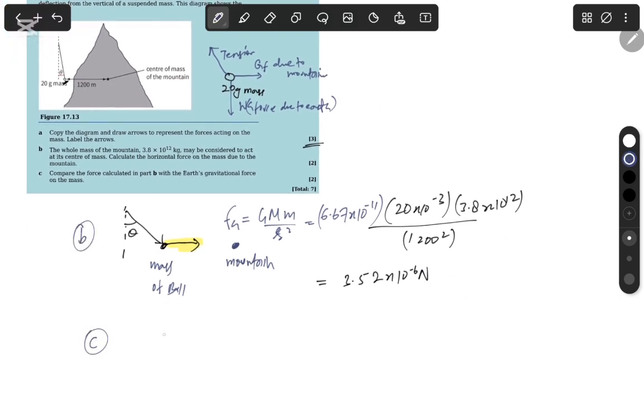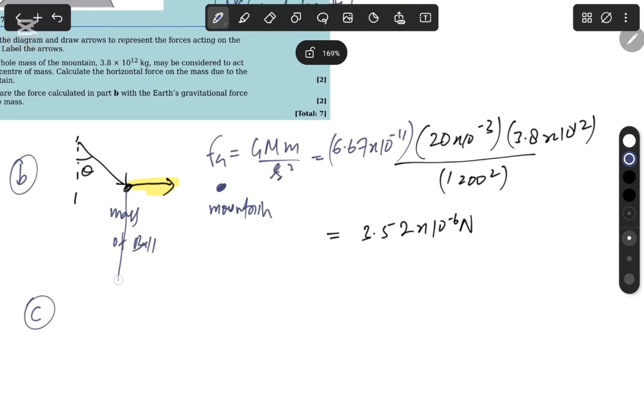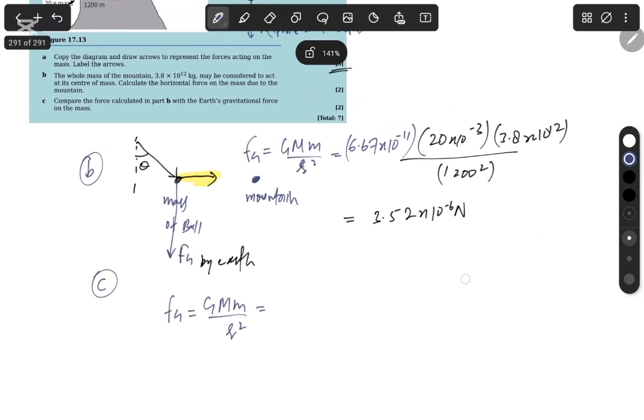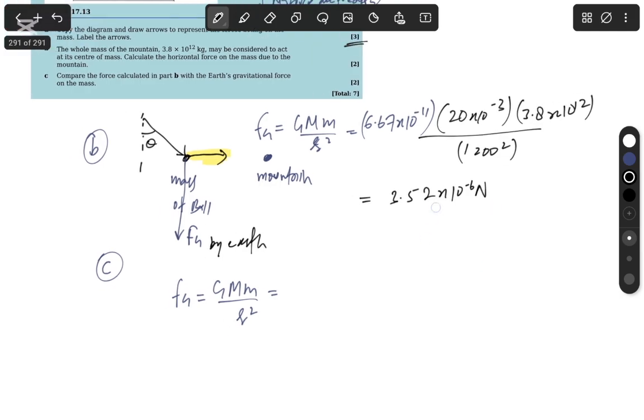Now let's see part C. Part C says compare the force calculated in part B with the gravitational force due to Earth on the mass. So we want to calculate the force that is exerted by the Earth, so we want to find this Fg here. You can calculate it as Fg equals Gmm over r squared. Since it says compare, we are supposed to explain it. Let me first explain it.